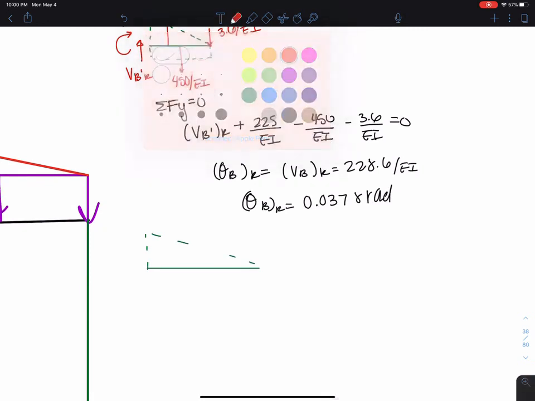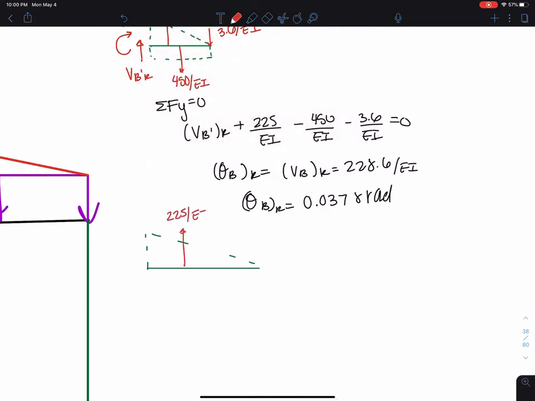And get all of our resultants for this side. This is the resultant of the 30 down here. And then on this side, we're going to have the VBL from the left side and the MB from the right side.